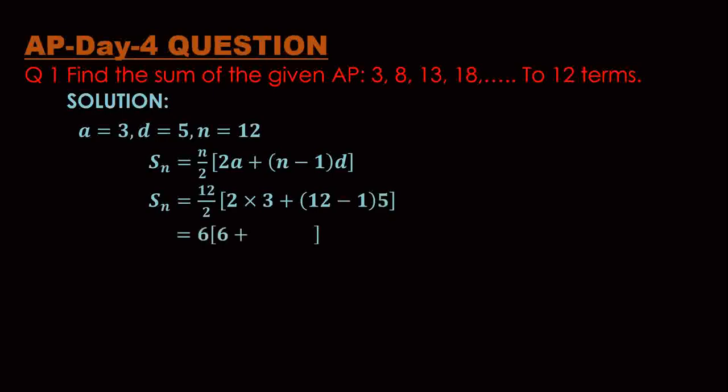I won't waste too much time on this. You can just simplify it. So the value of Sn for the given question is 366. So that's the answer. Now going on to the second question.